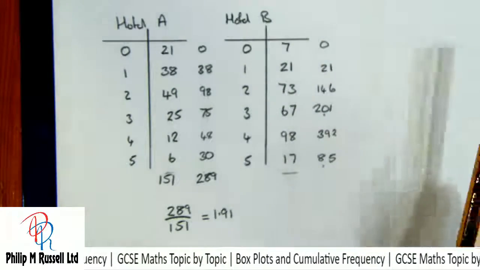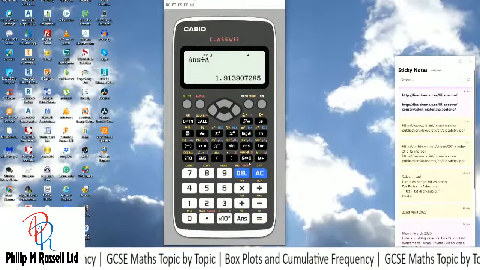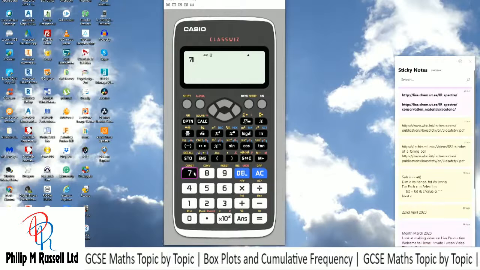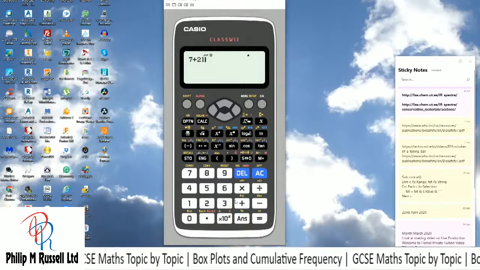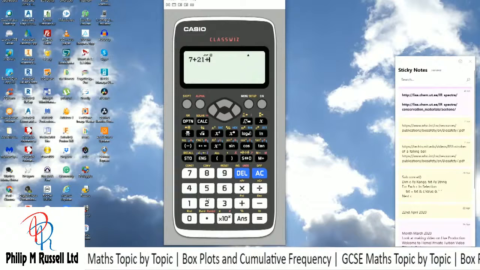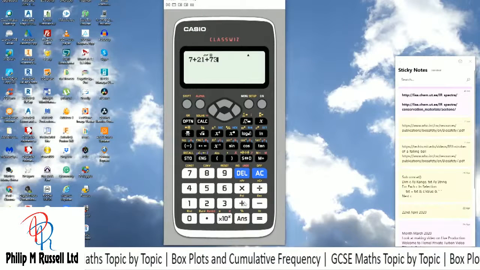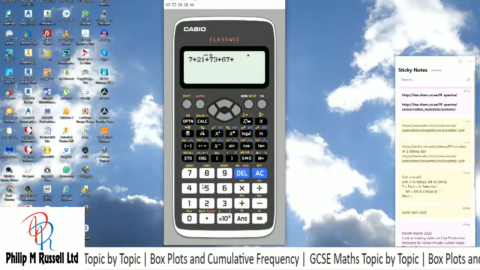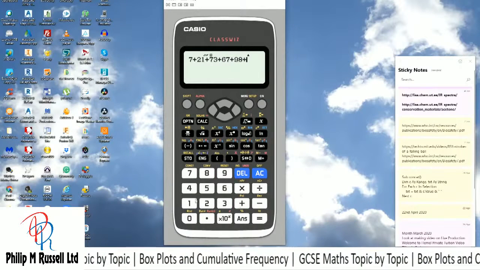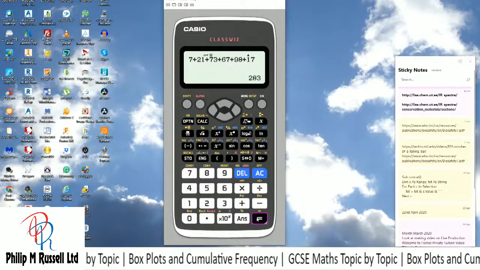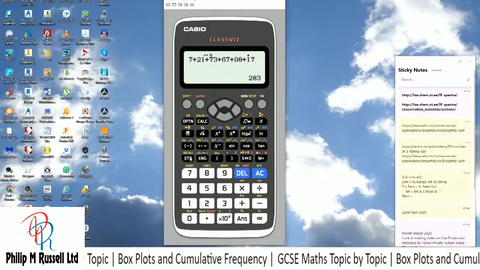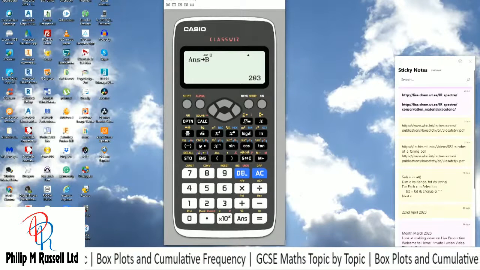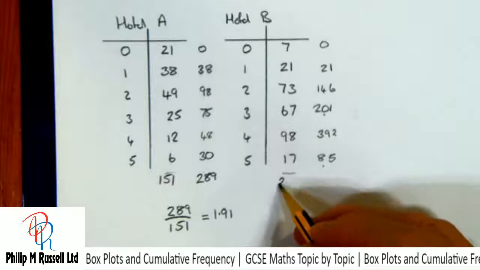So in exactly the same way we're going to do our sum, which is going to be 7 plus 21 plus 73 plus 67 plus 98 plus 17, and that I'm going to store in memory B, and that is 283, so we can write that number down.